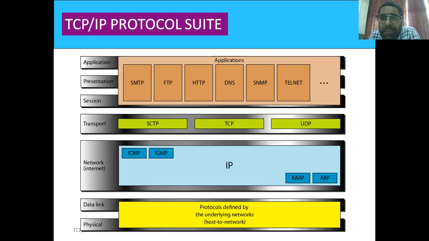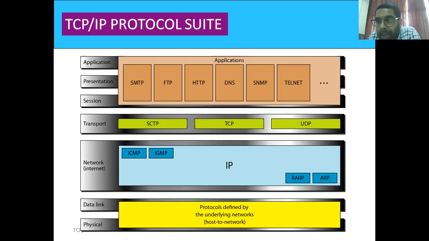And these protocols, as you can see in the slide, are used at the network layer. Now, in the network layer, there are two more protocols. One is ICMP and another one is IGMP. ICMP stands for Internet Control Message Protocol, and IGMP stands for Internet Group Management Protocol.